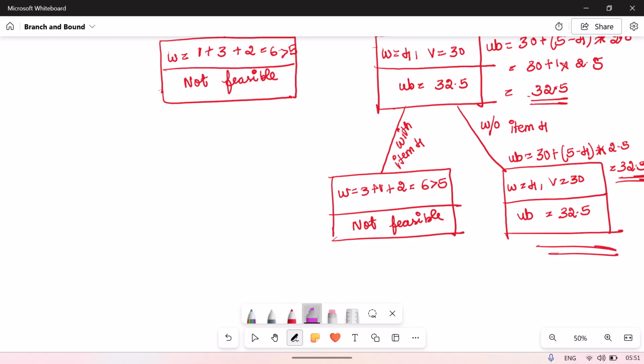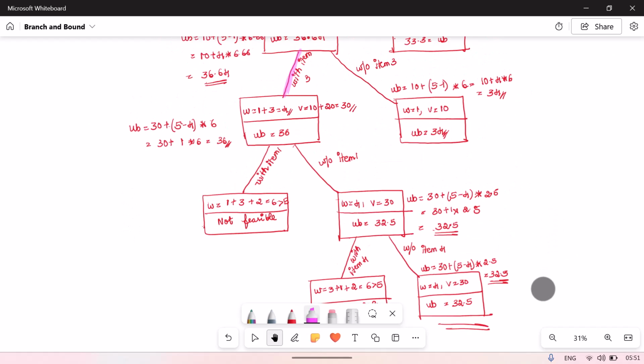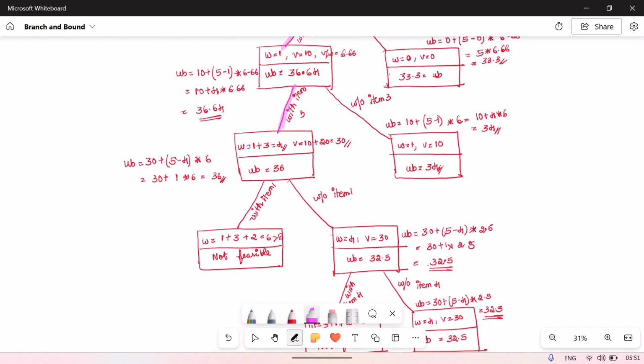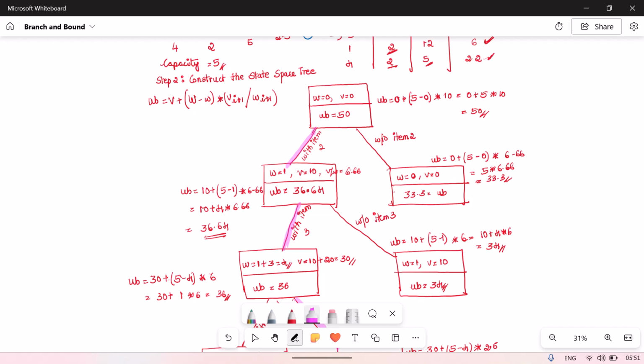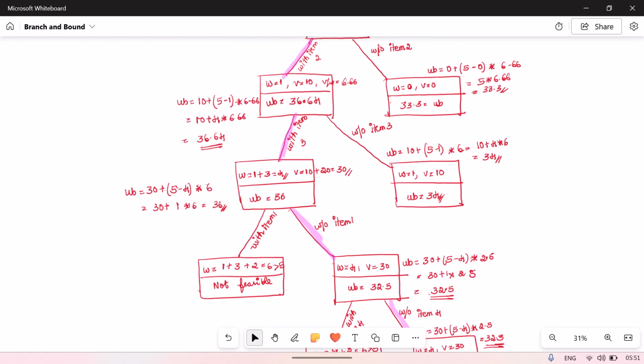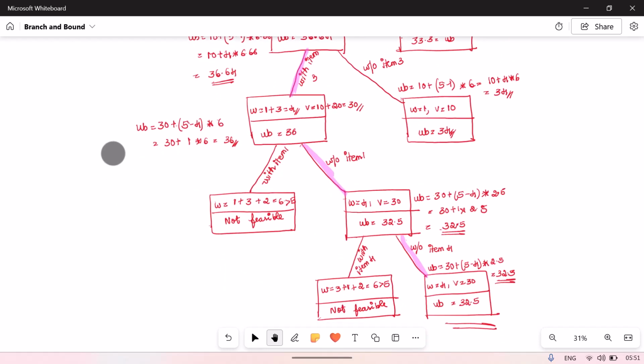Now let us look at the path. So this is the path. See, with item 2, with item 3, without item 1, and without item 4. So how will you write the final step? The values are, so there is 2, 3, 1 and 4.